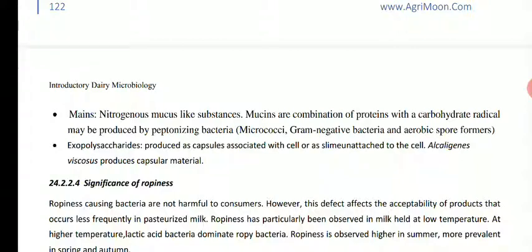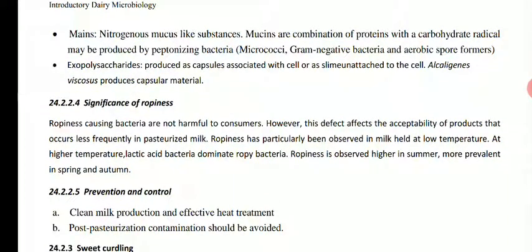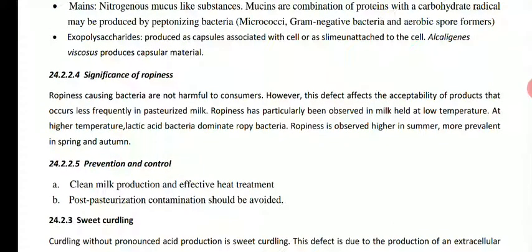Then there are some exopolysaccharides, also produced as a capsule associated with the cell or as a slime layer, mostly produced by Alcaligenes viscosus bacteria. So all these factors are considered important for the formation of ropiness in milk, or abnormal fermentation.